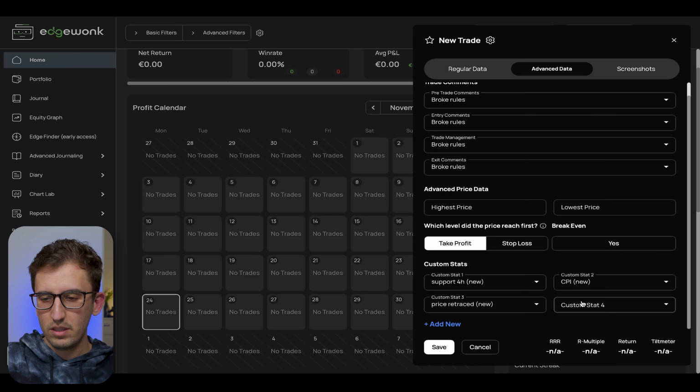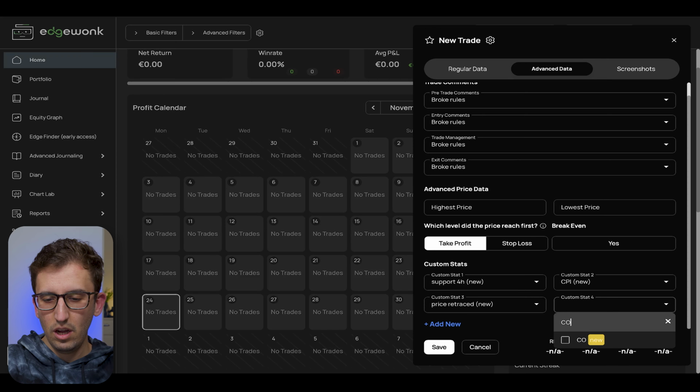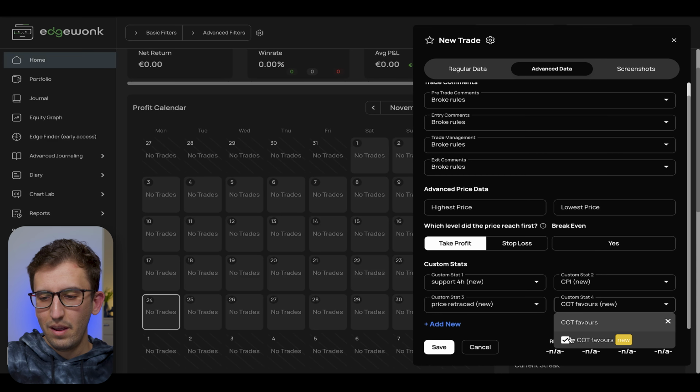And then you can also say COT data favors the trade. So then you can also see if the COT favors this trade. If you look at the COT data and the hedge funds are also long, and you took a long as well and you won, then this could be some sort of a confluence that you add into your trades.